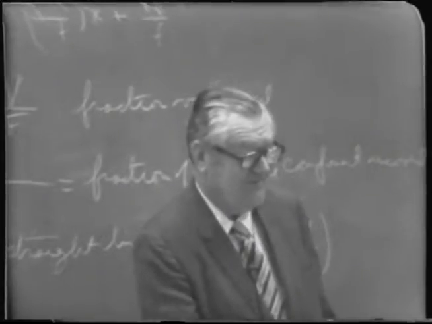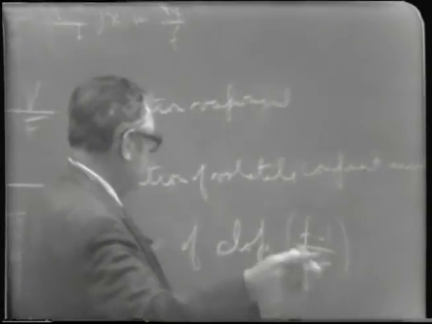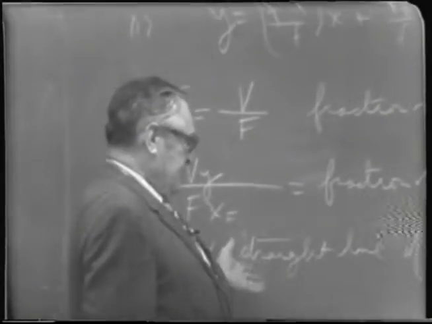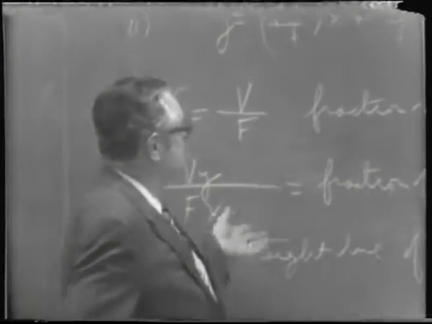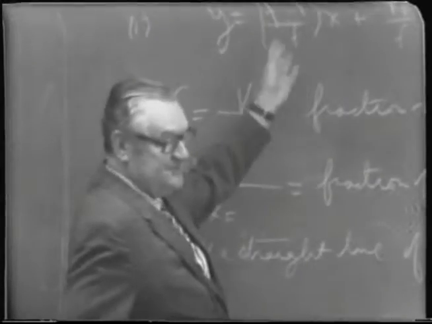Besides the slope, you have to know what? One point. And so one way to find one point is you can let y equal 0 and solve for x. You let x equal 0 and solve for y.